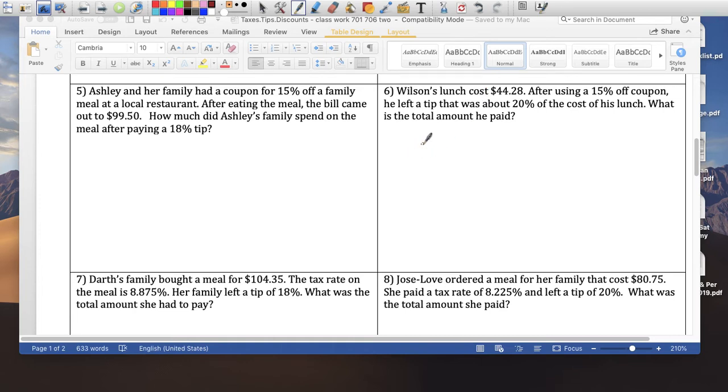So again, we have a lunch situation, and this one is almost the same. So we have Wilson eating $44.28 worth of food, but he had a 15% discount. So if you multiply 44.28 times 0.15, you get that his discount was $6.64. So he's no longer paying $44.28.